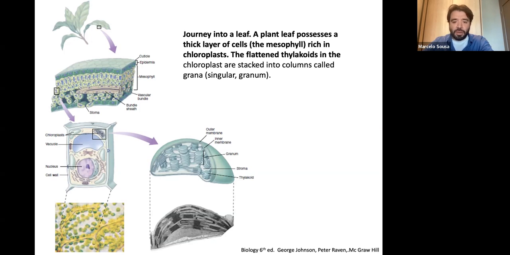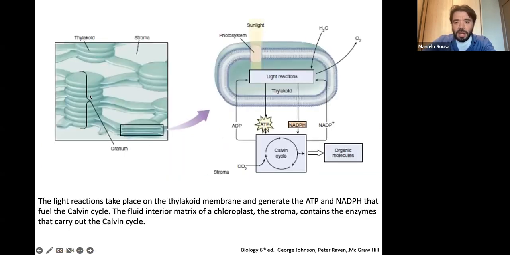that happens in those chloroplasts. And inside the chloroplasts, we can see the thylakoid, those little discs here, and it is the real place where the photosynthesis happens.